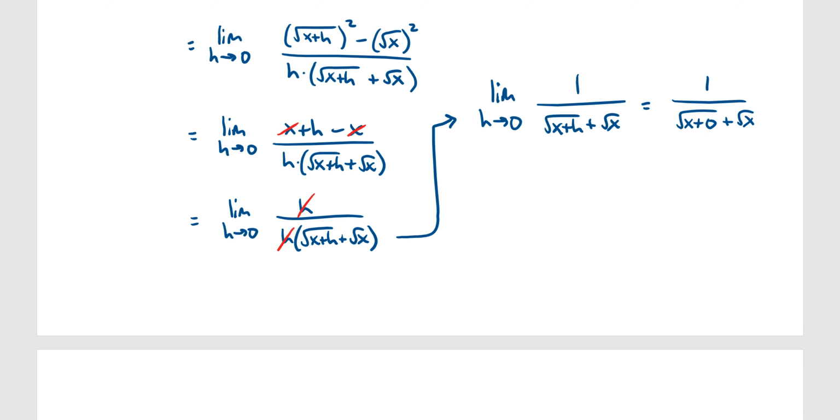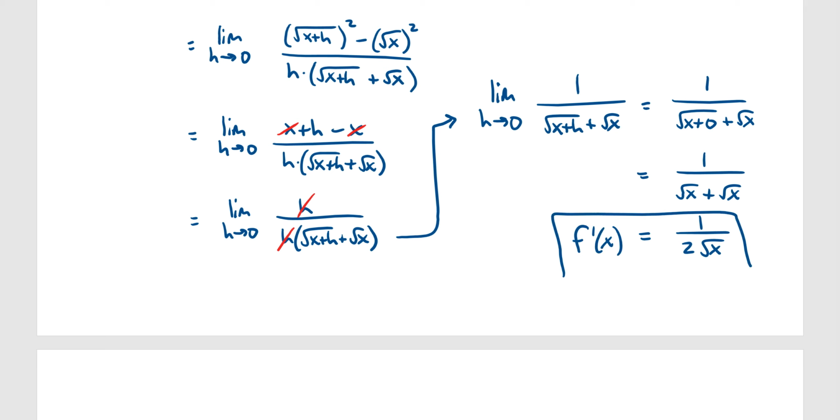And that is going to be 1 over the square root of x plus the square root of x. So that gives us 1 over 2 radical x, because we add them together, just like x plus x is 2x, square root of x plus square root of x is 2 square root of x. So this is our derivative, f prime of x.